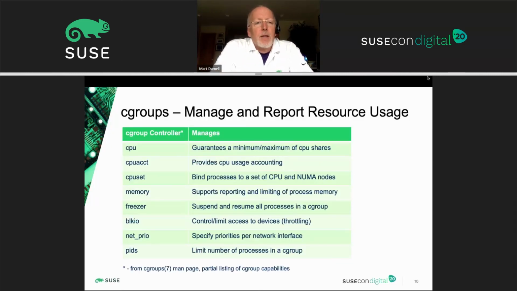Cgroups. What are cgroups? This is the other half of the Linux structure that's used to really make Kubernetes work. Cgroups allow you to manage and report resource usage within your physical node. I've listed a subset of the items that Linux allows you to create cgroups on from, once again, the cgroups 7 Linux man page. I've pulled what I think is fairly relevant.